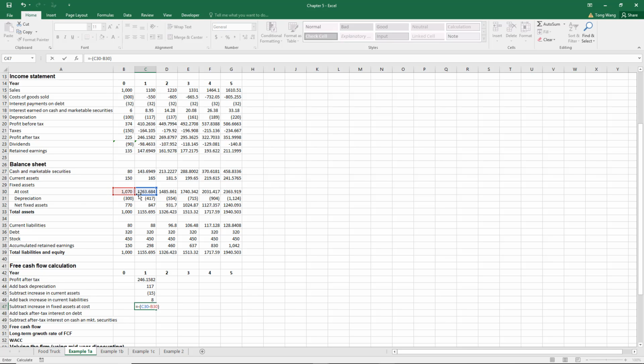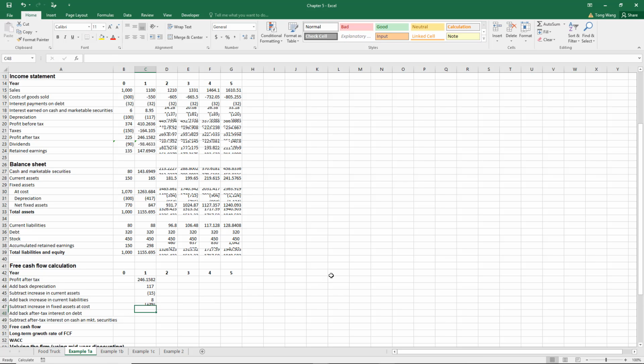So this increase in fixed asset at cost, that's basically your capex in year one. Okay, the difference between these two numbers is your capex in year one. So we're subtracting your capex.